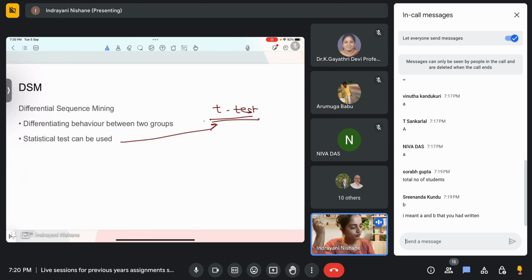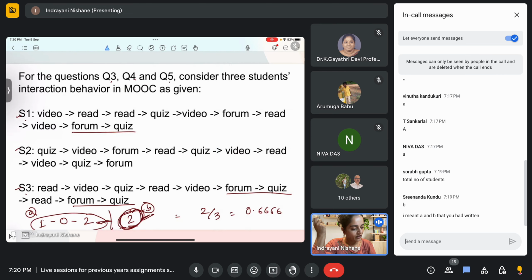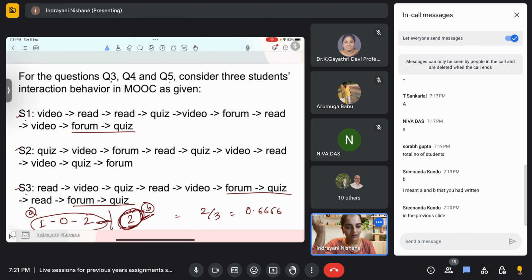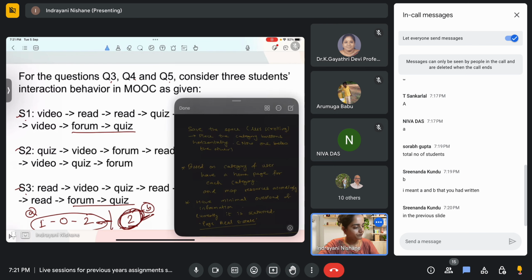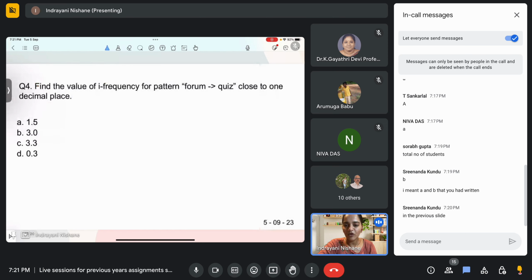So for how many students has this occurred at least once? 2 students out of 3 students. So that's why 2 by 3, which is 0.67. Okay, so moving on to question 4.